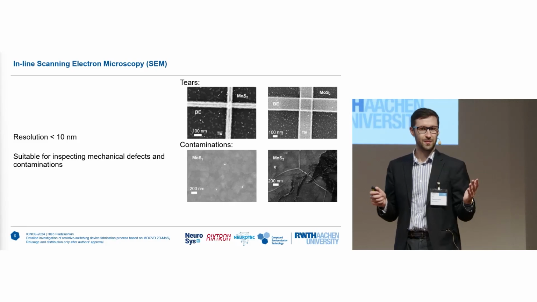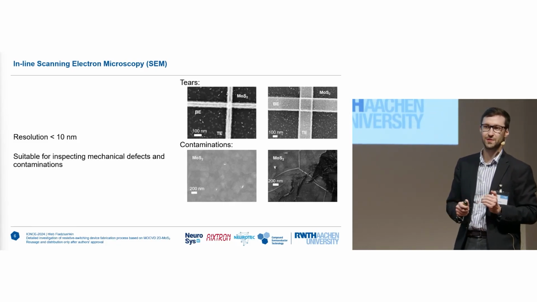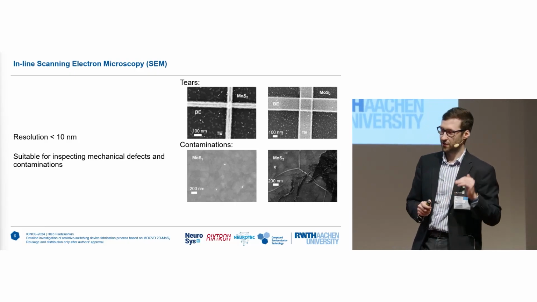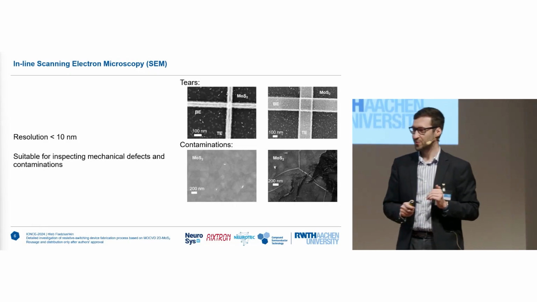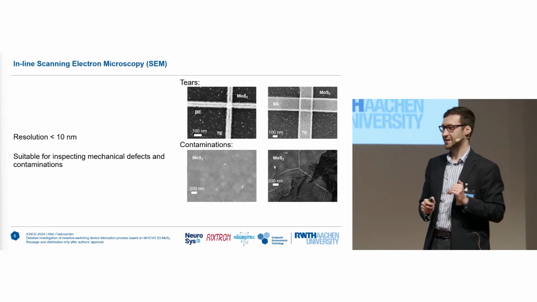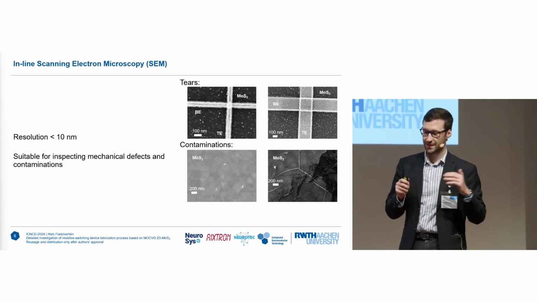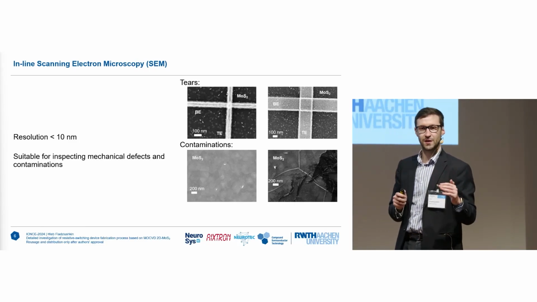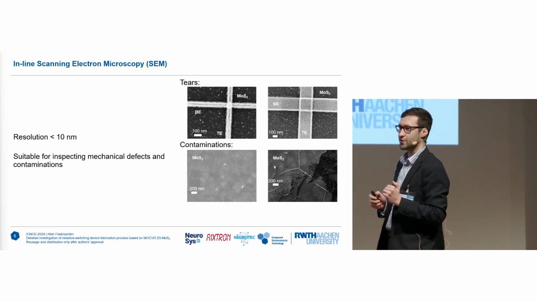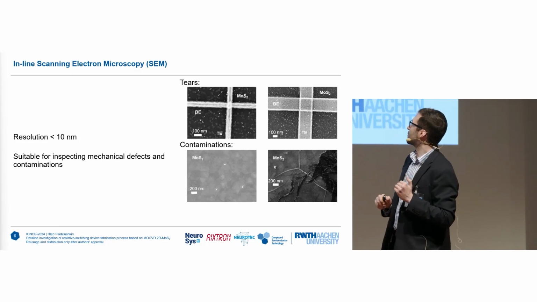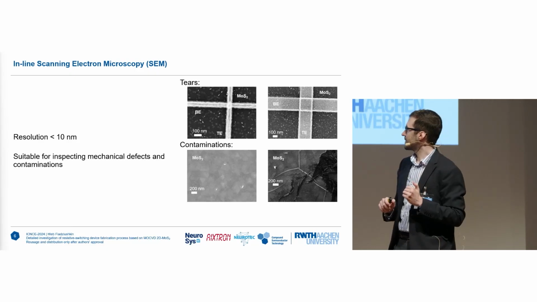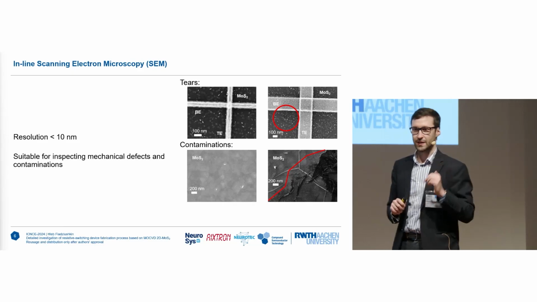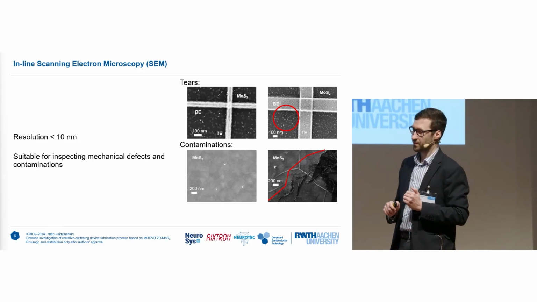It all sounds rather simple. However, we have a really big challenge, which is the mechanical stability of the two-dimensional materials. In this work, I will be coming back several times to the same term, which is scanning electron microscopy. This is a technique with which we are able to inspect these materials throughout the fabrication and control two types of common defects on which I will be focusing throughout this talk, which are tears and contaminations introduced throughout the process.